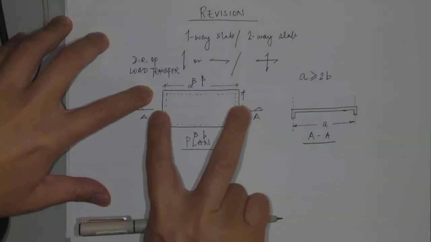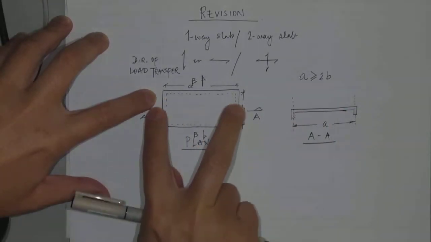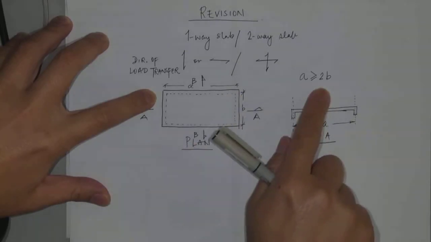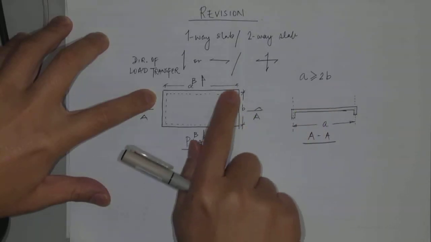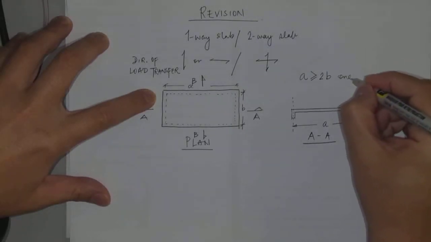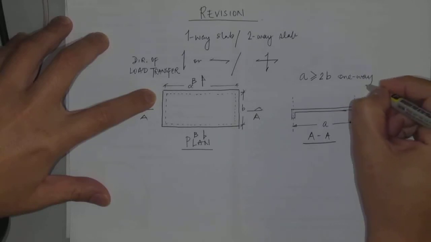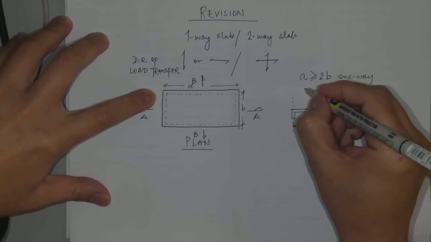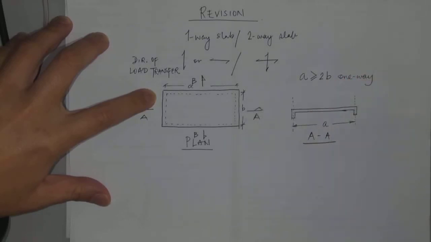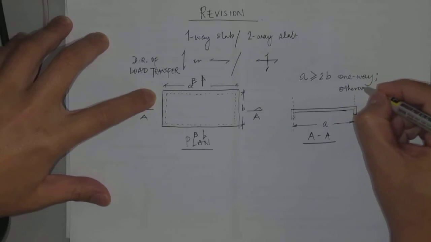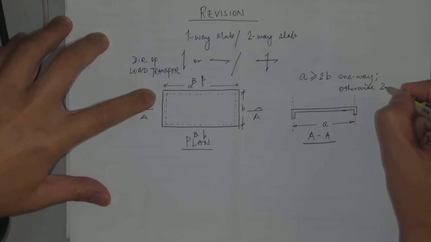That means the longer side is at least twice the length of the shorter side. Then it's a one-way slab. Of course, otherwise it's a two-way.